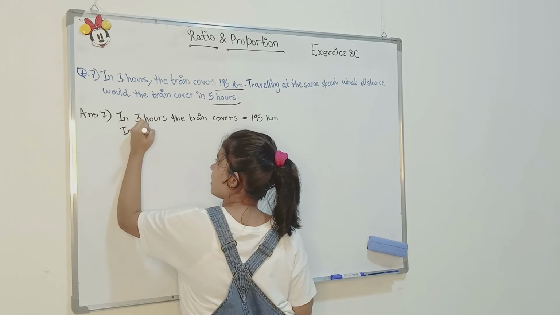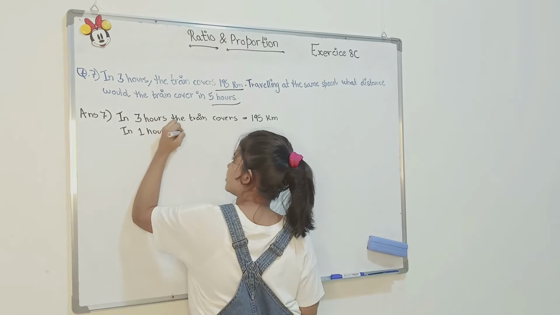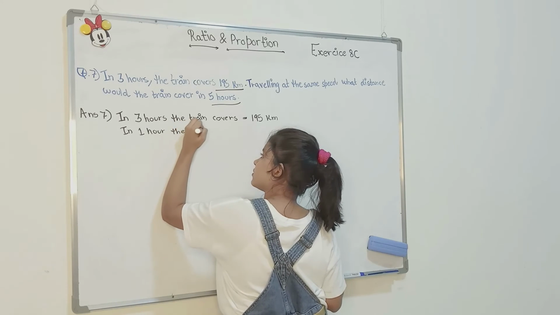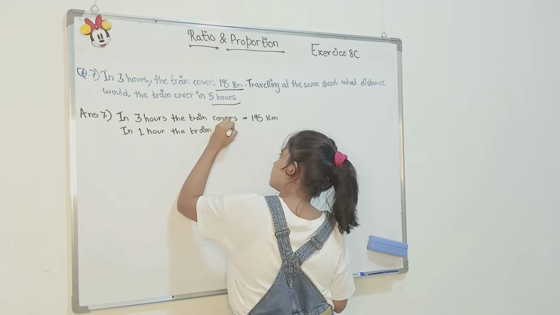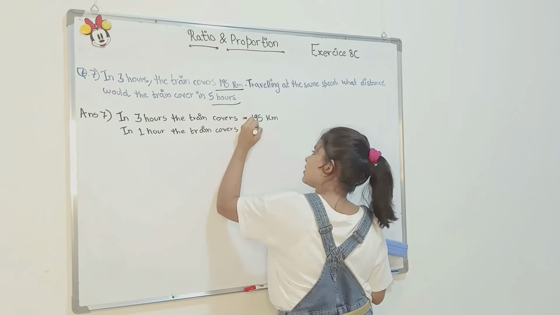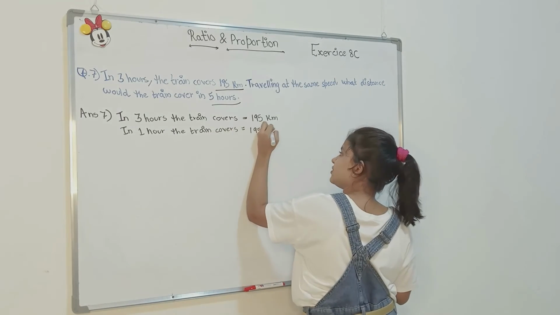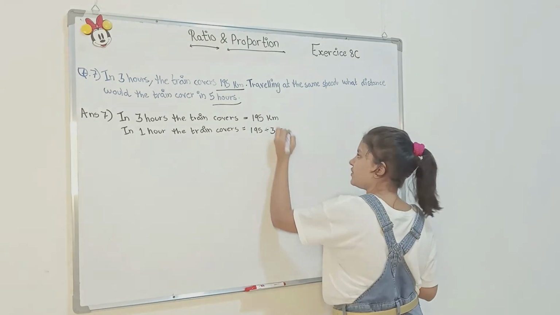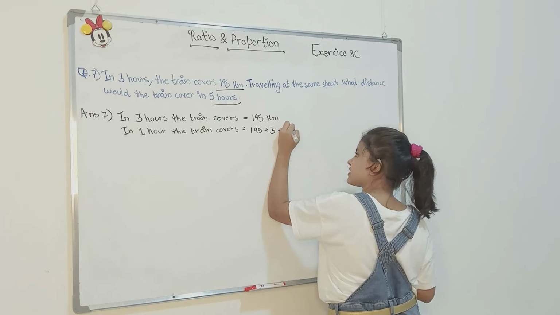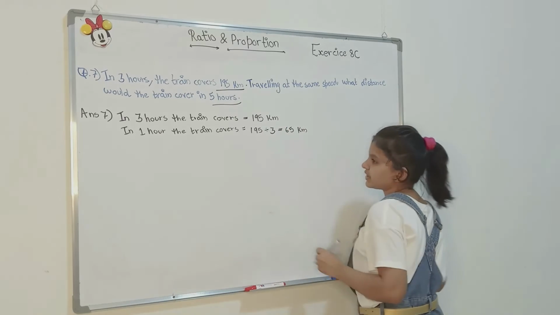In 1 hour, the train covers is equal to 195 divided by 3. So when we divide 195 by 3, we get the answer as 65 kilometers. Okay, first I'll write kilometers.